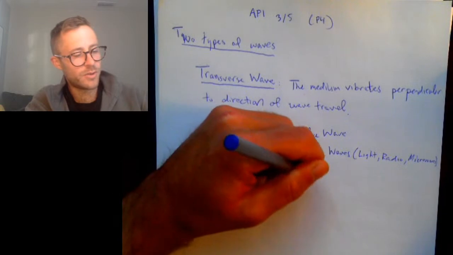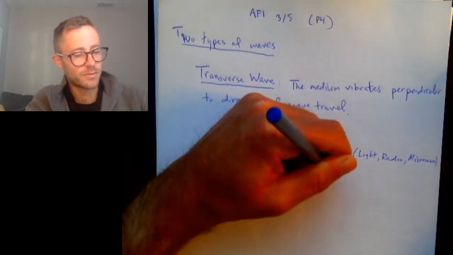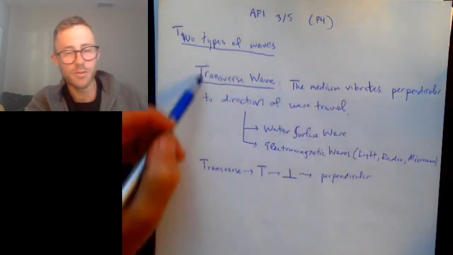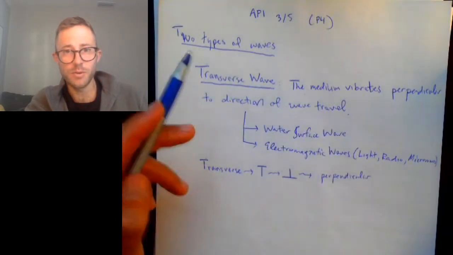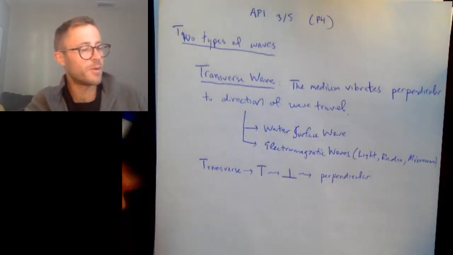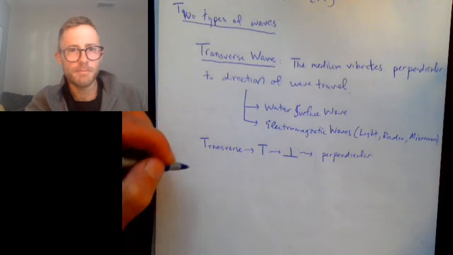And that is the symbol in math class for perpendicular. So if you have a hard time remembering that a transverse wave vibrates perpendicular to the direction of travel, that's a good mnemonic to help you remember it.